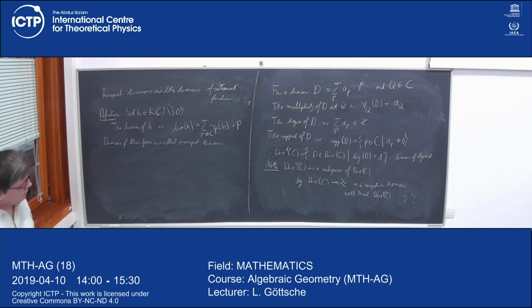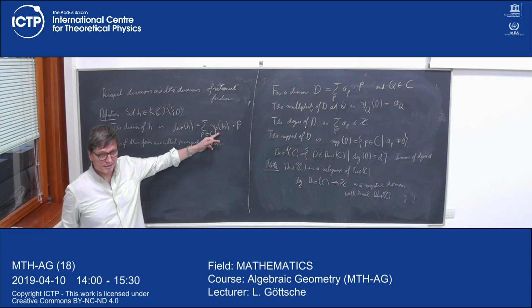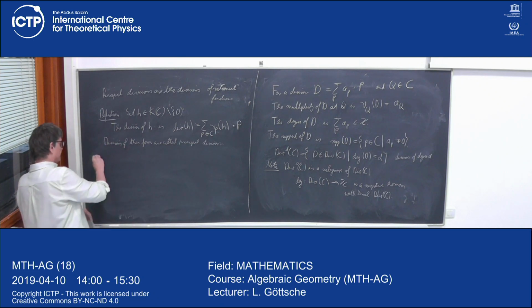So maybe we have to worry a little bit that this is a divisor. That means only finitely many of these numbers should be non-zero. So this is a note.